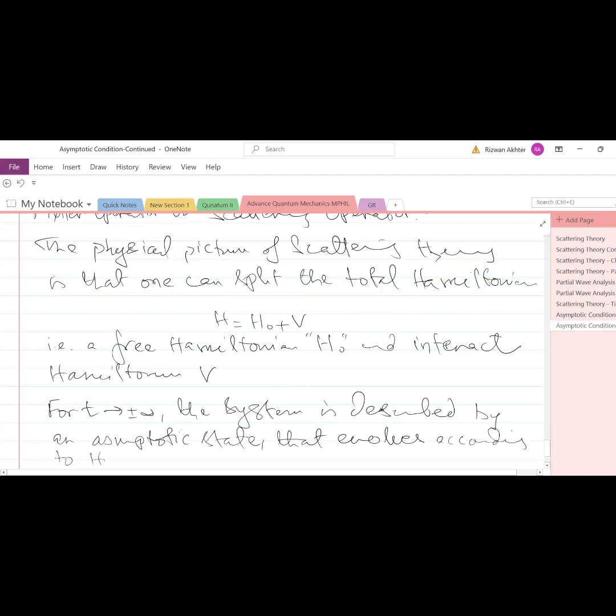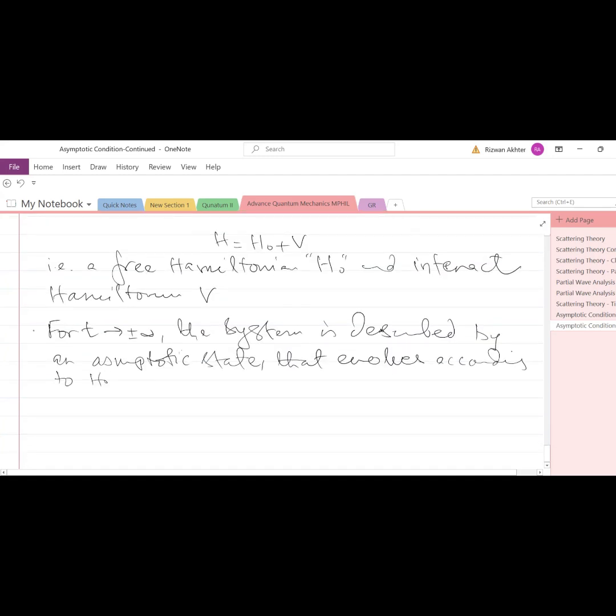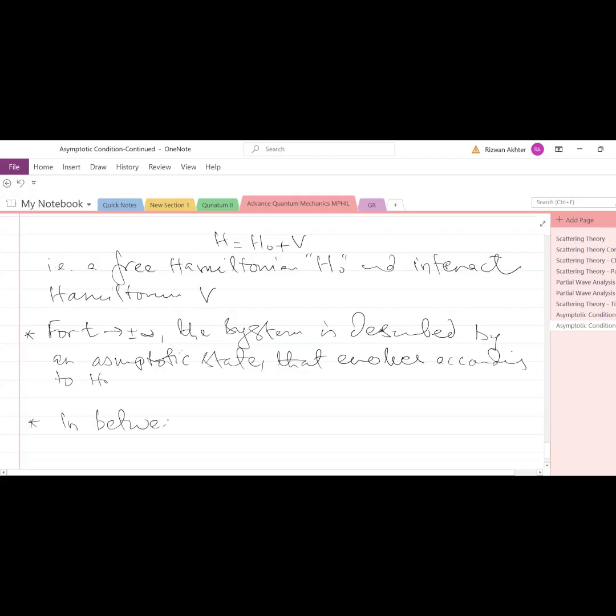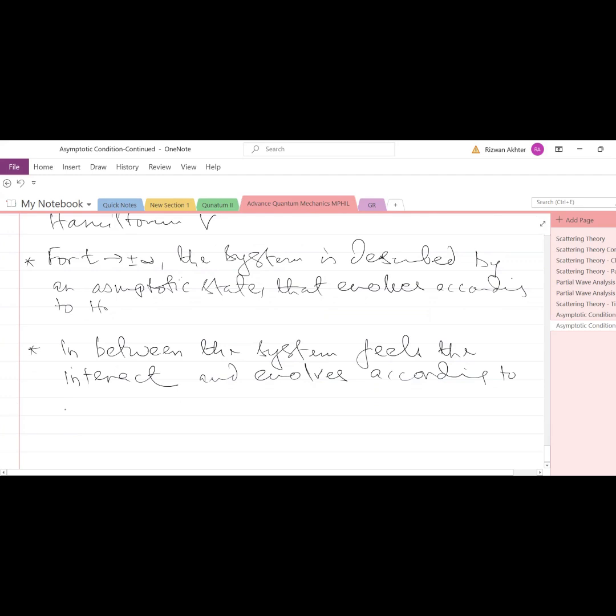And in between, that is the period at t equals 0, the system feels the interaction and evolves according to the total Hamiltonian H. So these are the two sort of parts.